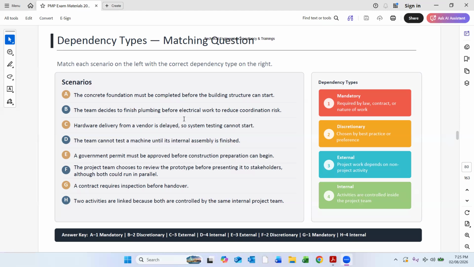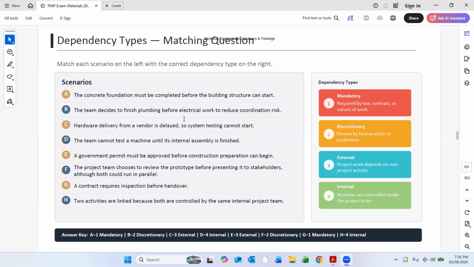Then coming to G, a contract requires an inspection before handover. The contract, it's mandatory. Two activities are linked, both controlled by the same internal project team. It's internal. If I have a doubt, it will be soft logic, discretionary. Fine.